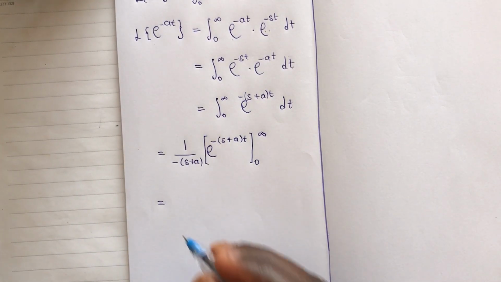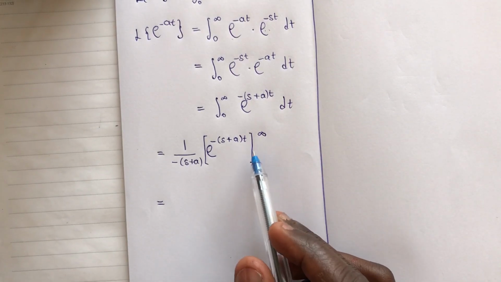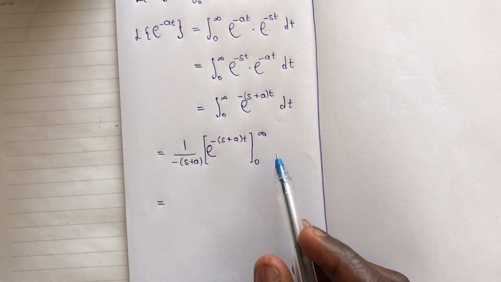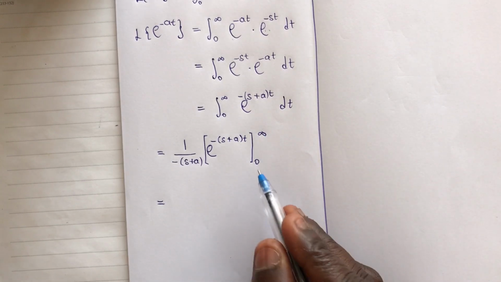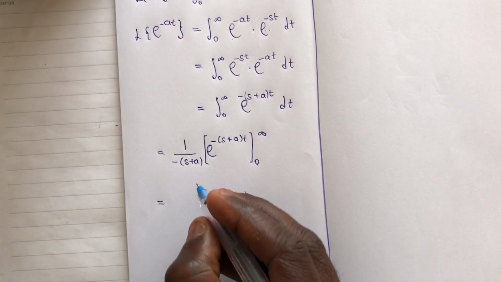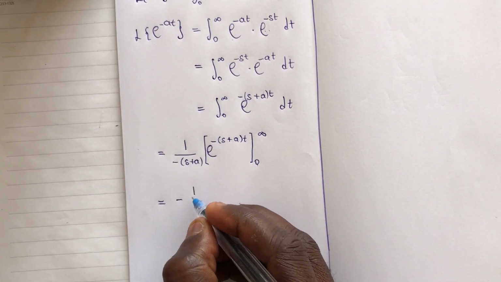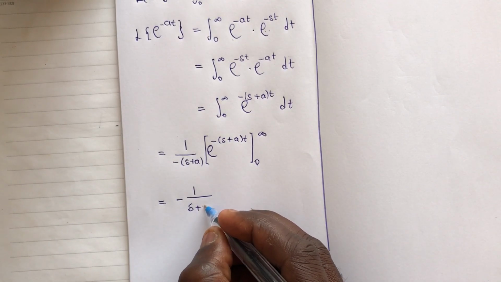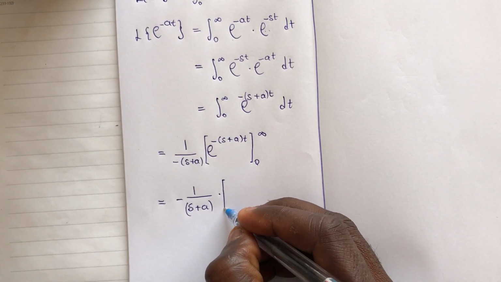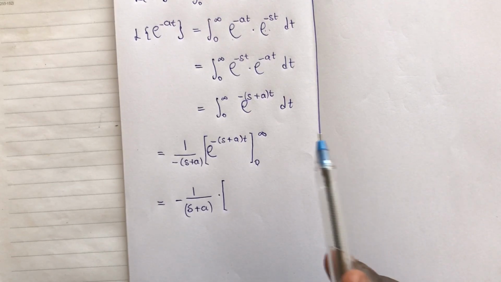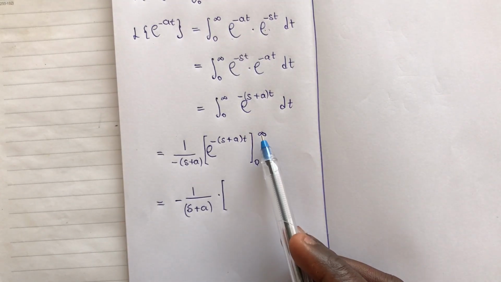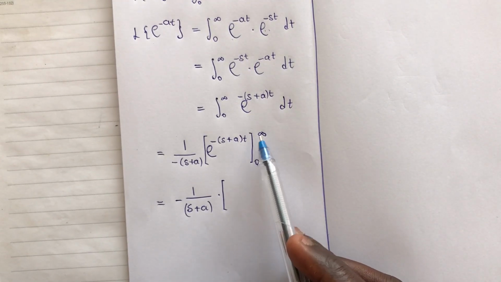So from here, your next step is to substitute upper limit first minus the lower limit. This is your upper limit, this is your lower limit. So we have a negative 1 over s plus a times, now let's put in our upper limit. Now remember that 0 to infinity are the values of what?